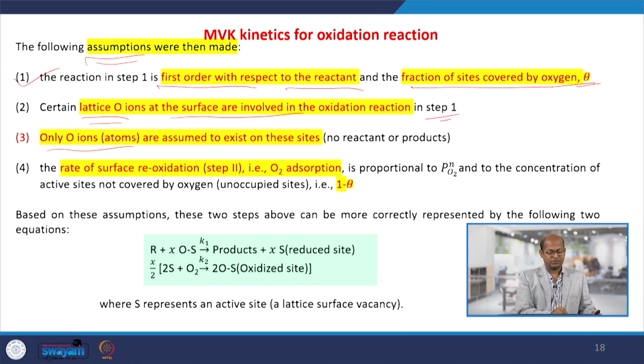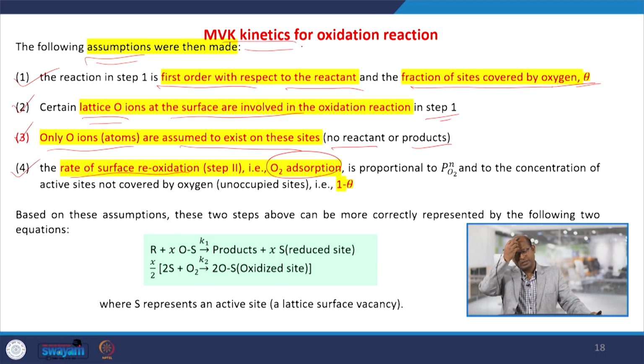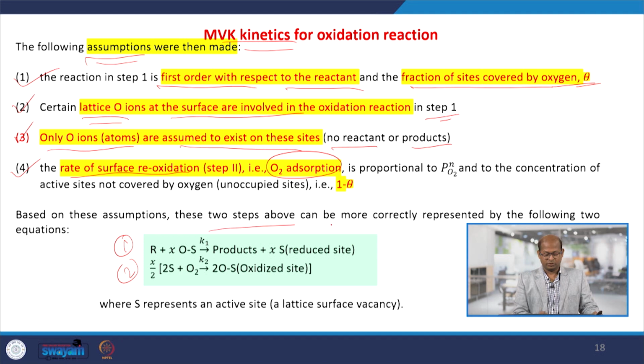Oxygen ions or atoms are assumed to exist on these sites, with no reactants or products there, and there is the rate of surface reoxidation by oxygen adsorption and reoxidation of reduced sites. These are the four assumptions we can consider for this type of mechanism. Based on that, we can propose reaction 1 and reaction 2. These are the two reactions we are proposing.